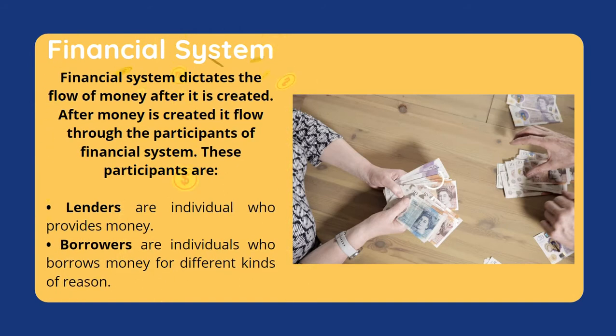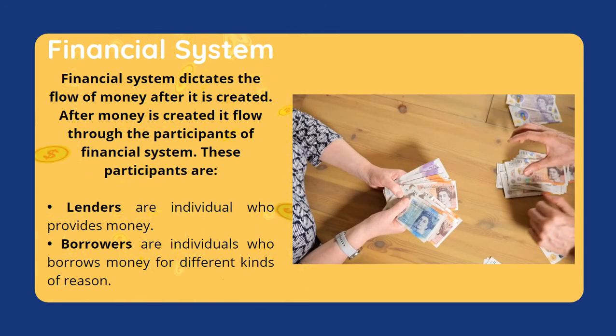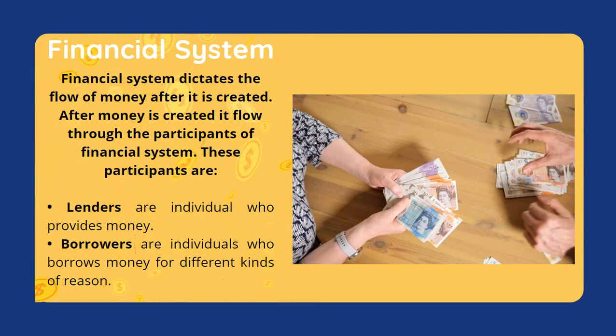Alright, so the financial system. The financial system dictates the flow of money after it is created. It flows through the participants of the financial system. Who could these participants in the financial system be? So, first is the lenders.